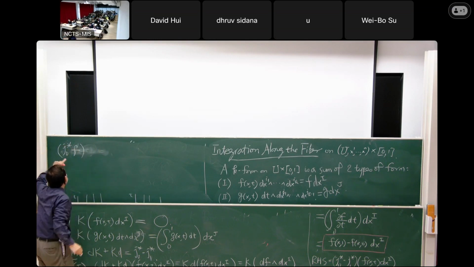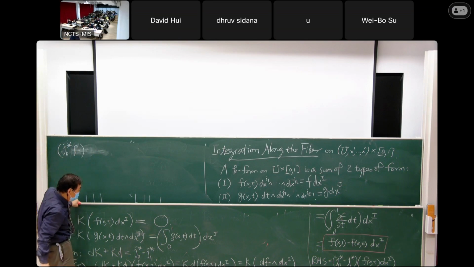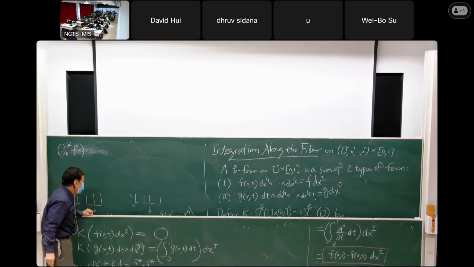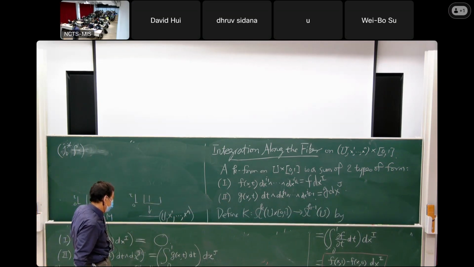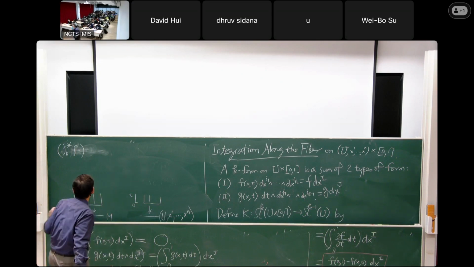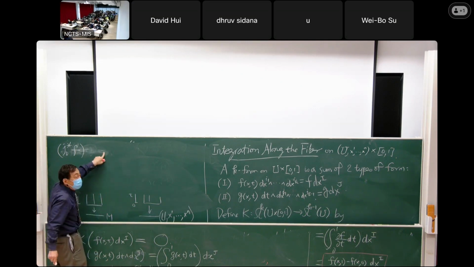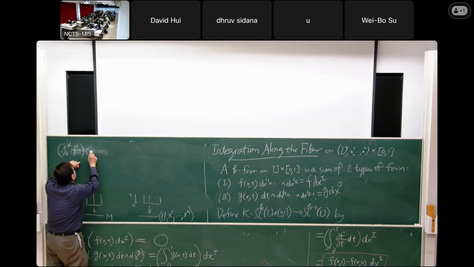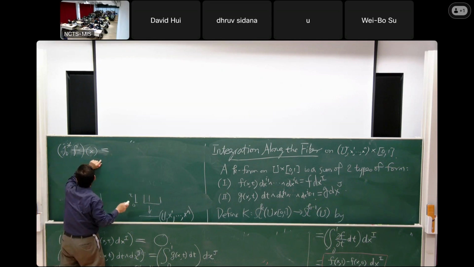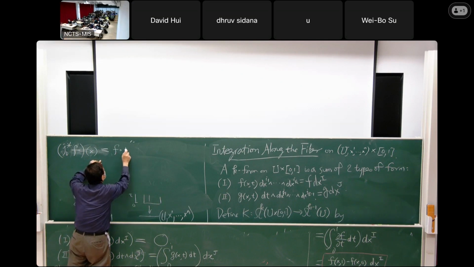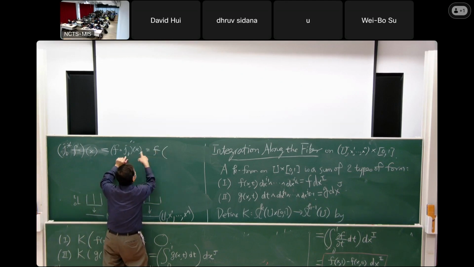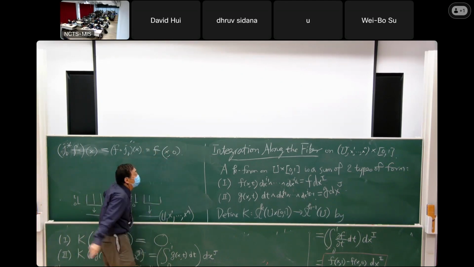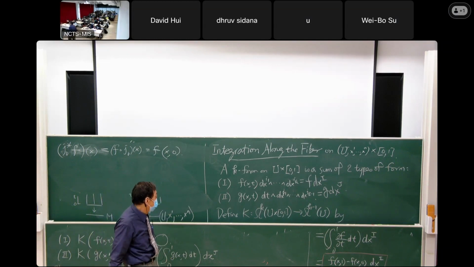When you pull back a function, J0 star of f... Now, J0 is the inclusion into the product. So when you pull it back, it's just a function on U. And the pullback is the composition. So it's f of J0 of x, which is x0. All right, so that's what it is.